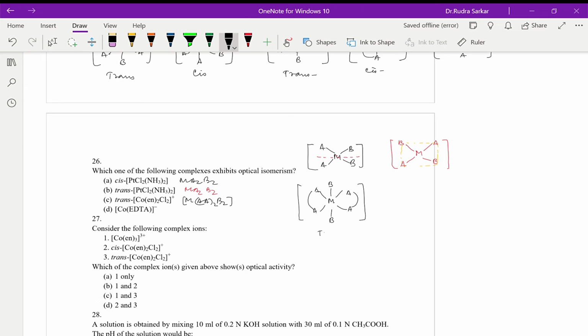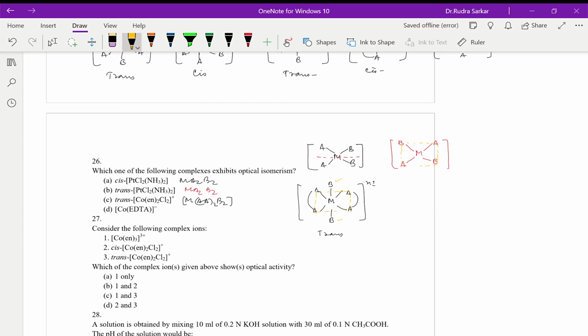That is the trans arrangement. Now here we can think of a square plane connecting the donor atoms A, and this can be thought of as the sigma plane that divides the molecule into two equal halves, because on the top you have B and below also you have B.